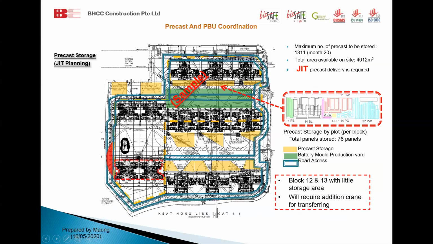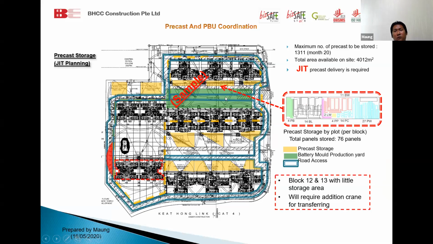Because most projects have congested sites, you cannot store a lot of precast elements in your project. So your delivery must follow just-in-time planning. You should not order early or order a lot, because then there is a lot of material on site that you cannot install. You must apply just-in-time planning: order only the members you need and then store them.